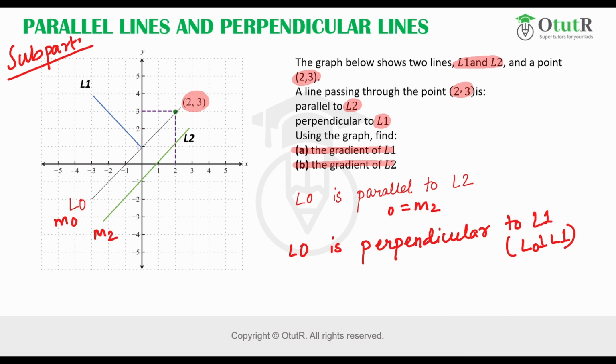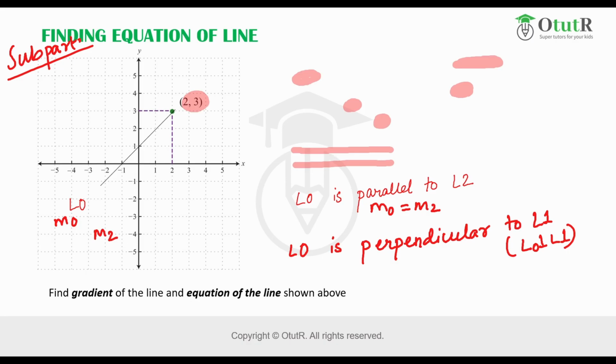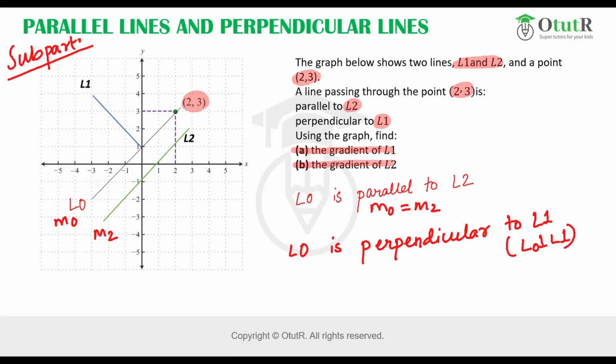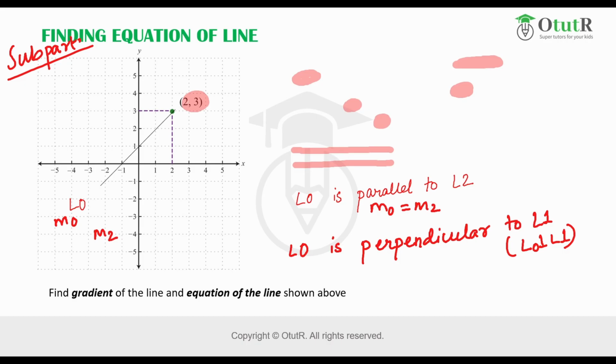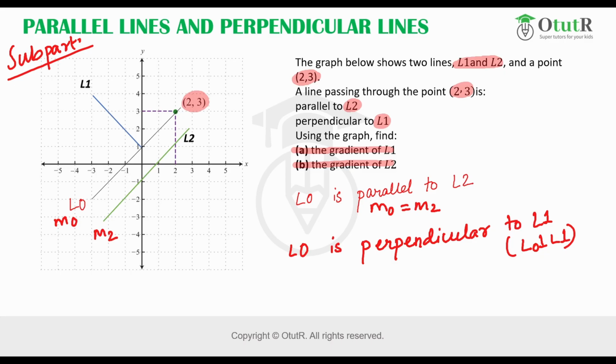And if you remember, I told you this is a subpart question, right? And these two questions are the same. So in this question, we found out that this particular line through 2 comma 3 had a slope of 1. So obviously m0 also has a slope of 1 and m2 also has a slope of 1. Done. Now for perpendicular lines. Let us consider that the slope or the gradient of L1 is m1.